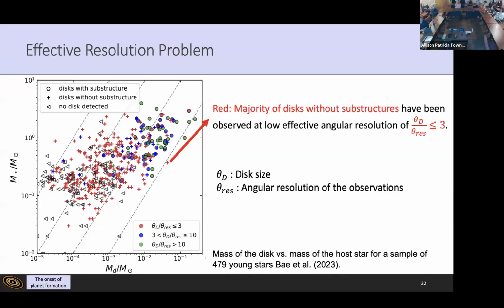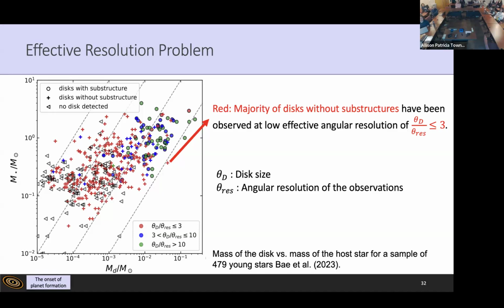Okay, so in order to do a uniform study of these substructures, it's important to take into account the effective resolution. So in Bate et al. 2023 PB7 paper, he showed that the majority of the disks without substructures have been observed at low effective angular resolution, less than 3.